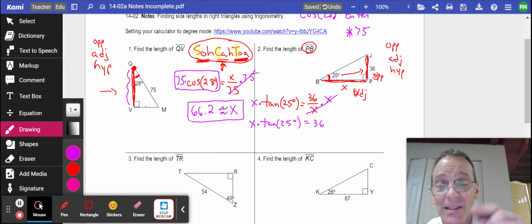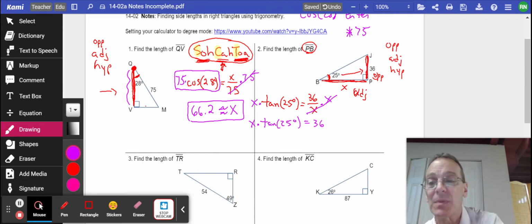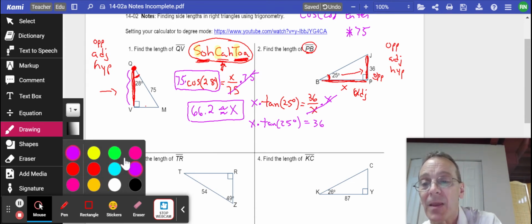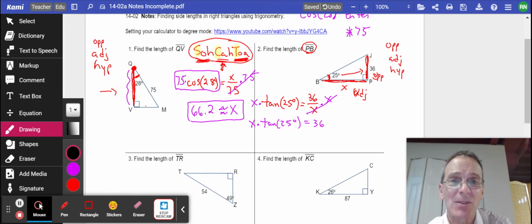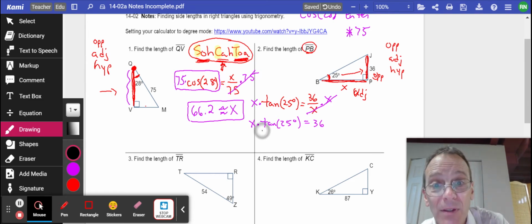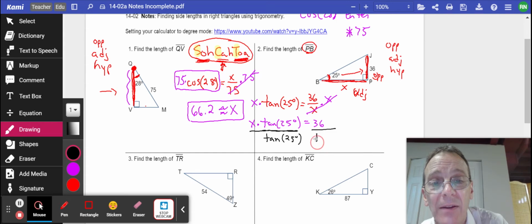We're still trying to isolate the x, and right now the x is being multiplied by tangent of 25 degrees, and we want to isolate that x. So how do we undo multiplication? With division. We want to divide this side by this whole function expression, the tangent of 25 degrees. And this side by the tangent of 25 degrees.